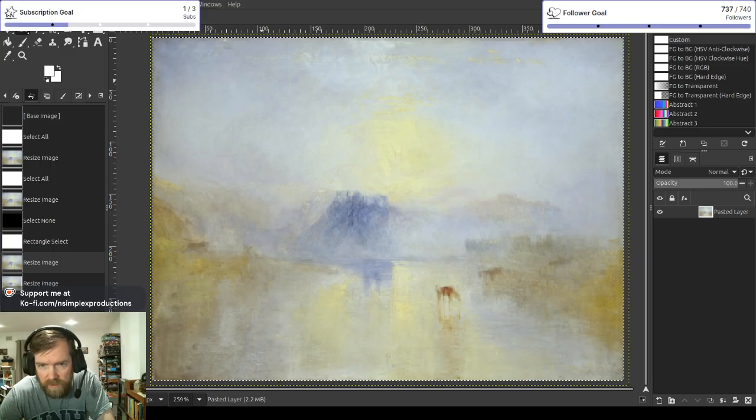Canvas size, center. Okay, let's just suggest that this is actually correct. If not, you know what, it's close enough.